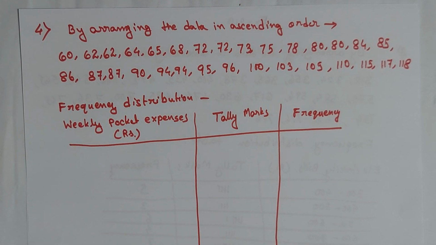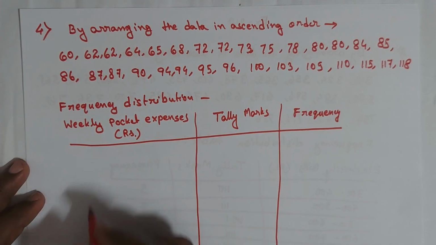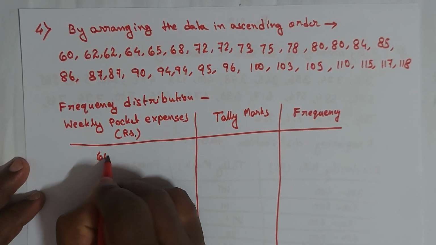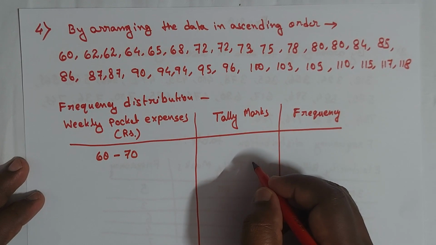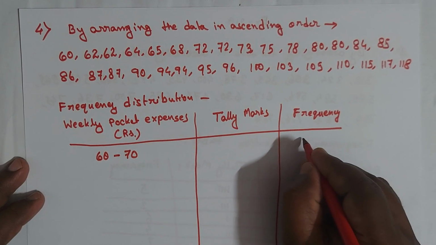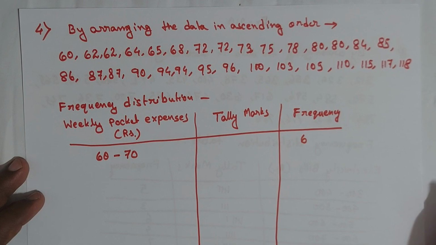Now the class interval is given. The first class interval given in the question is 60 to 70, and the frequency is 6.